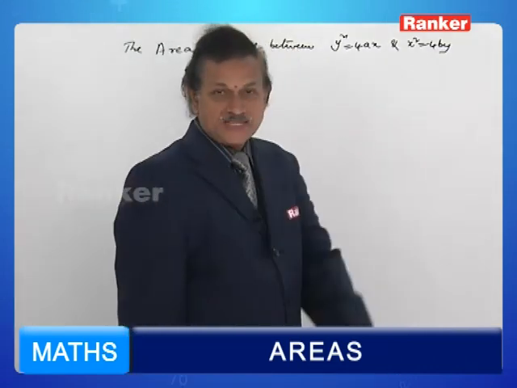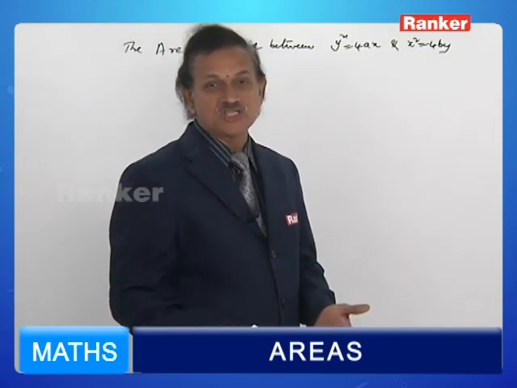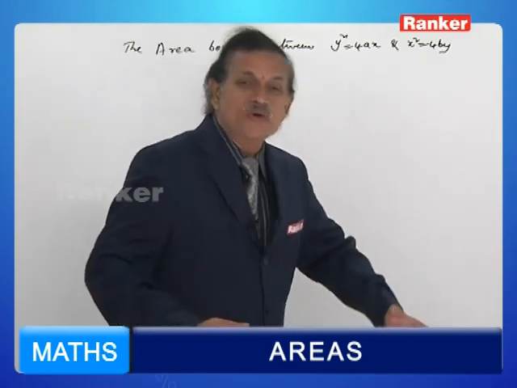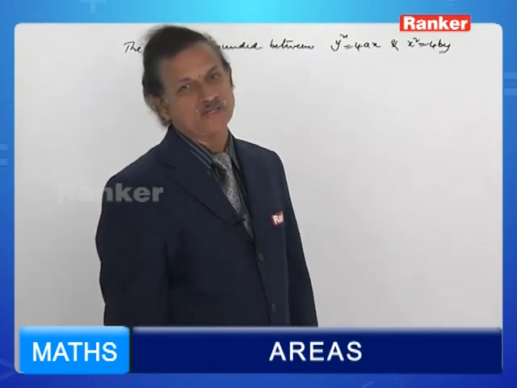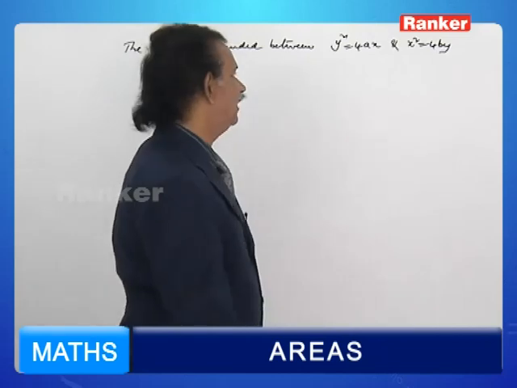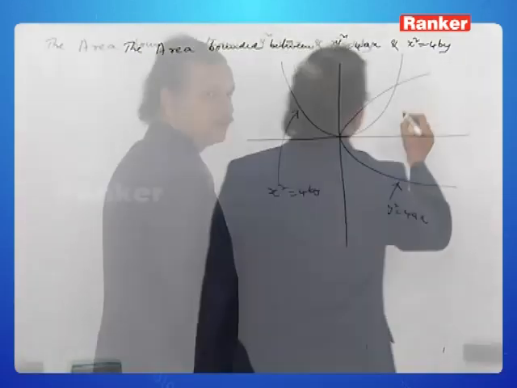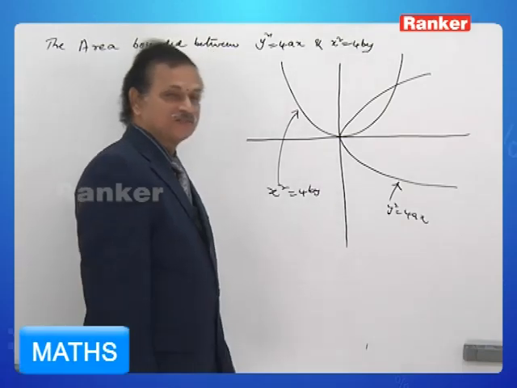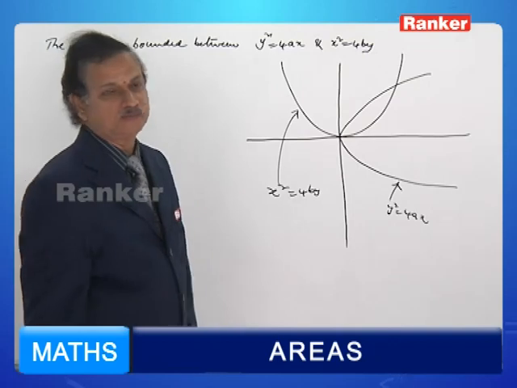And of course, we shall now derive it. The way of deriving it will be a good exercise for us to obtain the limits at proper places. Well, let us first observe the diagram. This is the parabola y square is equal to 4ax and this is the parabola x square is equal to 4by.